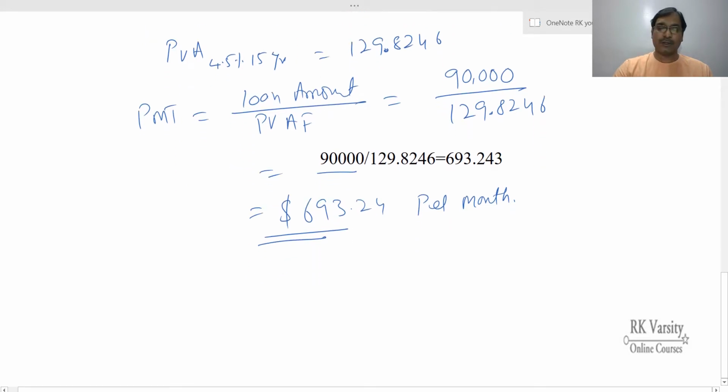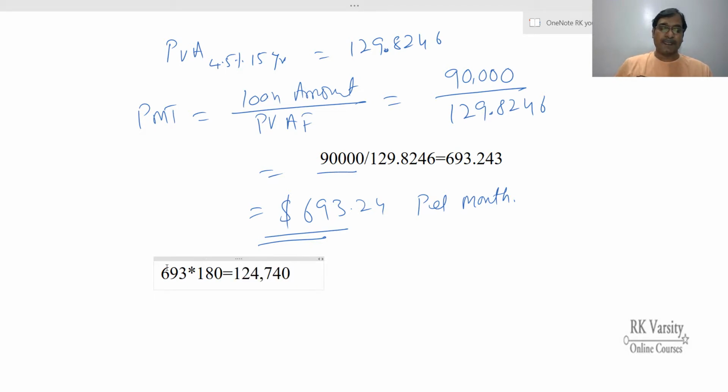Now how much are you paying in total? Your monthly payment is 693, and for 180 months, that is 15 years times 12, this comes to 124,740.